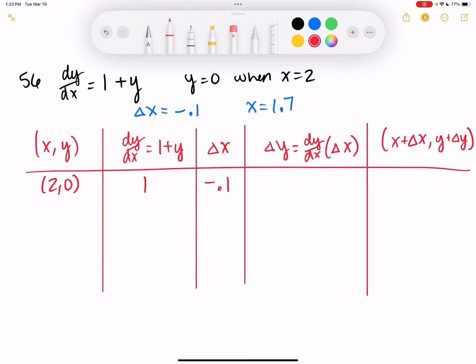So what's 1 times negative 0.1? Negative 0.1. So then x plus delta x, that's 2 minus 0.1, so that's going to be 1.9. And then y plus delta y, that's 0 minus 0.1, so that's negative 0.1.